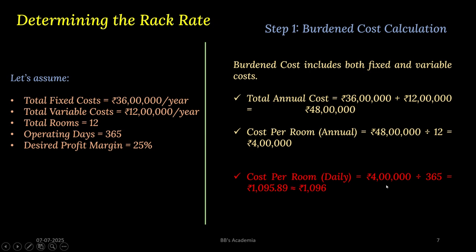Cost per room daily, 4 lakh divided by 365 days, is coming to 1095.89, equivalent to 1096. That means rupees 1096 will be your burden cost. Clear? Very simple.